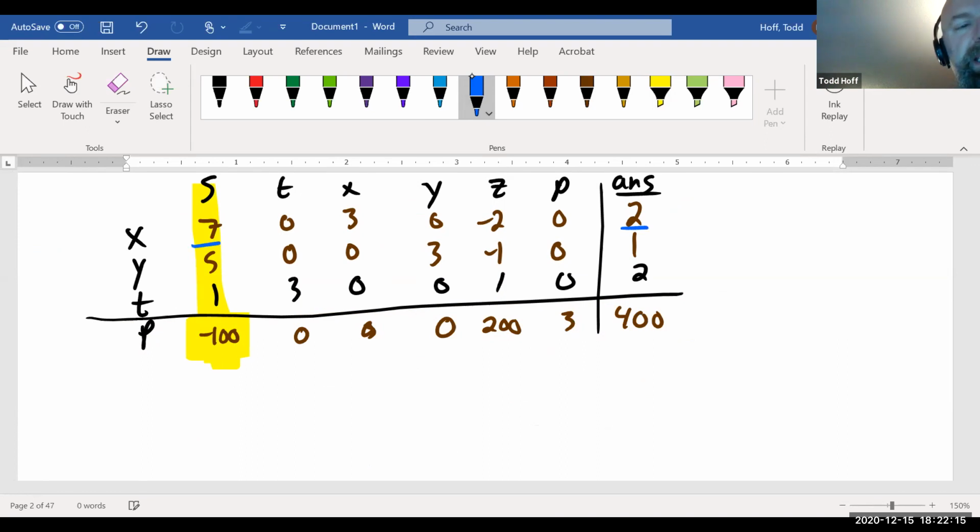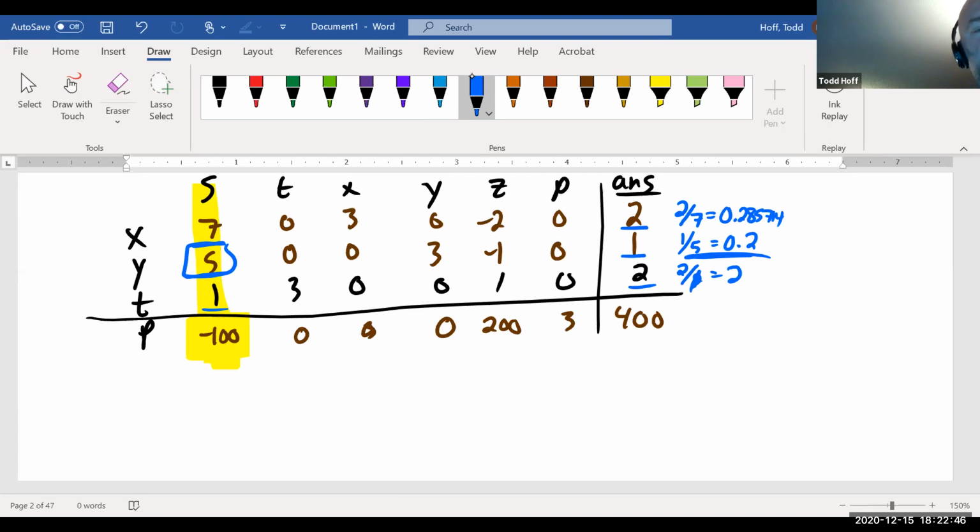So we got 2 divided by 7, which is 0.285714, repeating. 1 divided by 5 is 0.2. 2 divided by 1 is 2. So our smallest is going to be the 0.2, so we're going to pivot around the 5 there. So we're going to pivot around row Y.